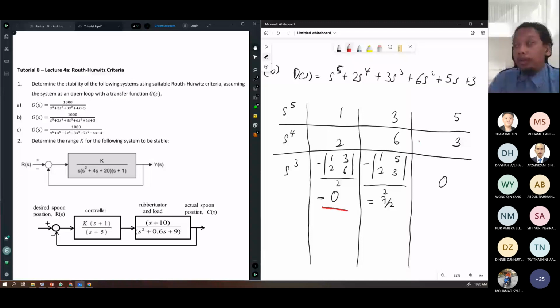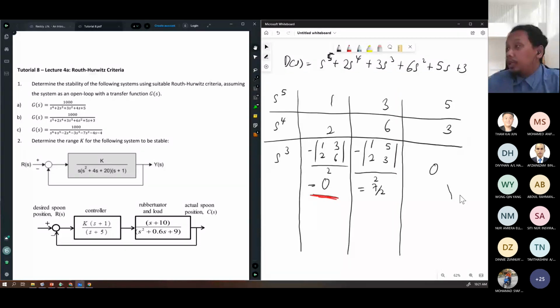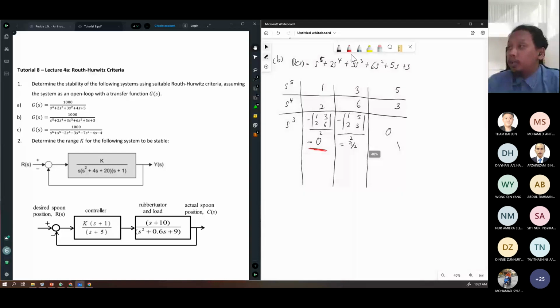So when we encounter a 0 in the first column, then we need to do modification on the denominator. So there are two ways you can do this. Firstly, you can assume this 0 as a small number epsilon, and then you calculate as usual for the subsequent rows.